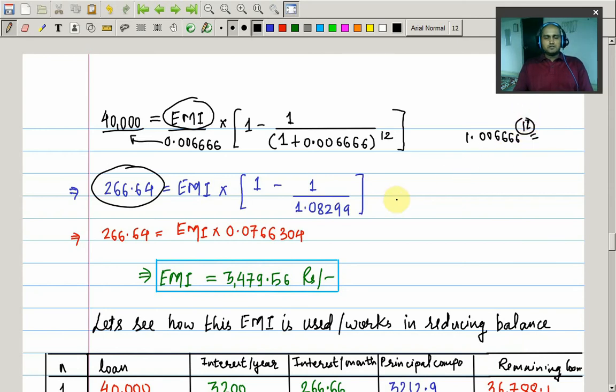You can calculate it on non-scientific calculators. So just do the calculation and you will find that to repay that 40,000, you have to pay 3,479 rupees and 56 paisa, 12 times.